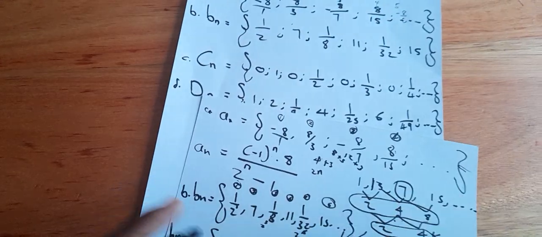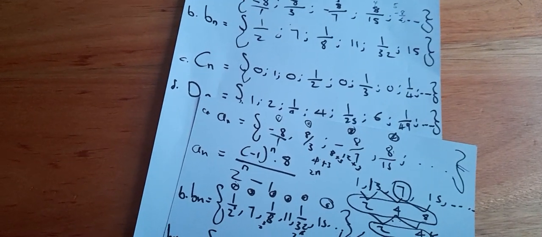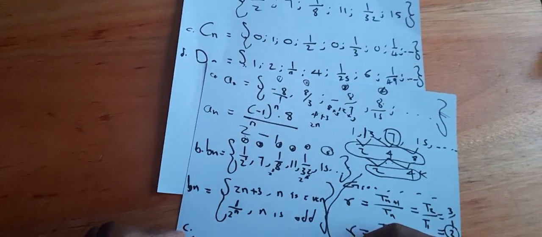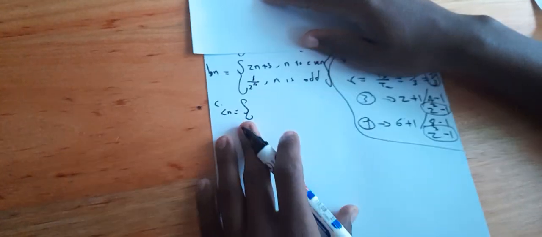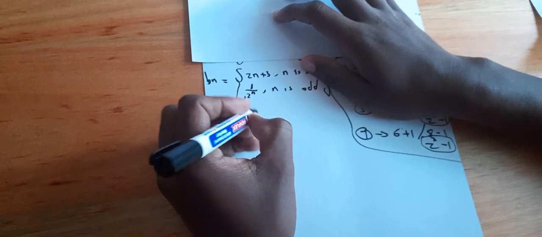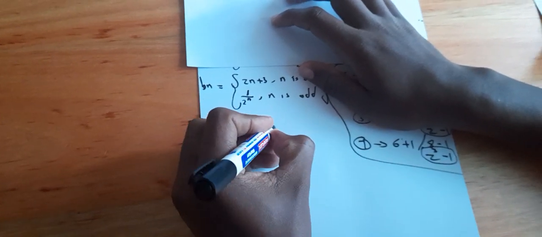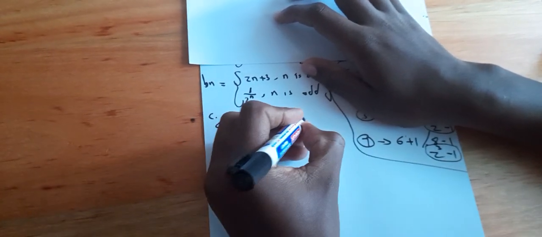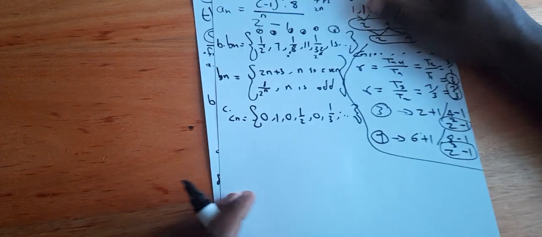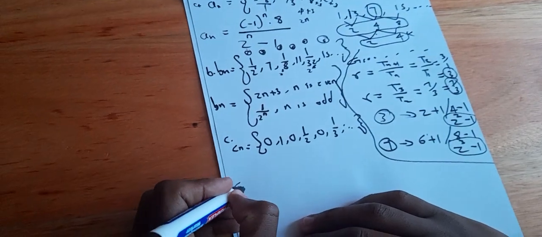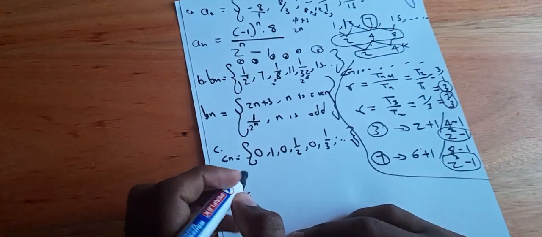So for C, we are given that C of n is equal to 0, 1, 0, 1 over 2, 0, 1 over 3, as it goes. Now we need to determine C of n in terms of n.